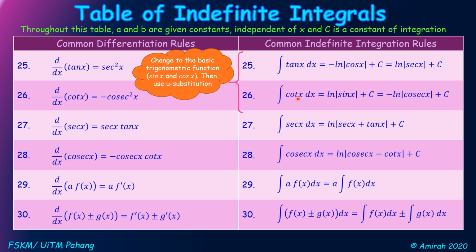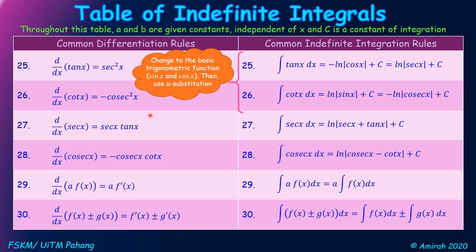And when we integrate cot x dx, we need to change to basic trigo functions, which is cos over sine. So we will get ln sine x plus c after we use u substitution, or we can write negative ln cosec x plus c.